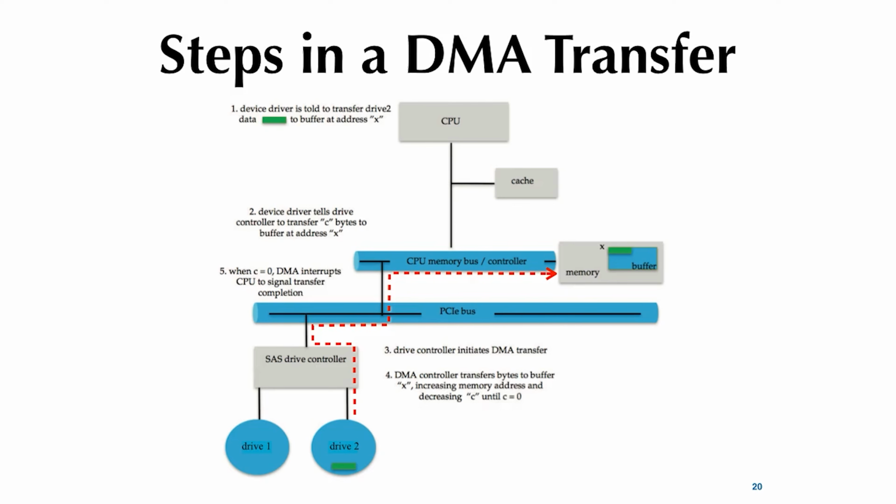Okay, so steps in the DMA transfer. You have the device here, right? So the CPU says, I want this drive's data to be transferred to a memory buffer at this location, address X. And so the device driver tells the drive controller, okay, that's what I need to do.